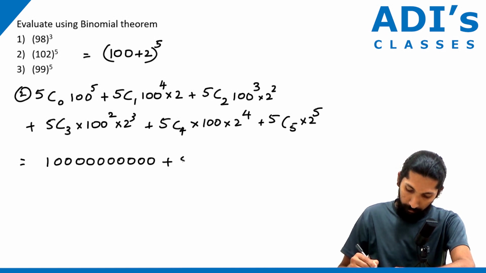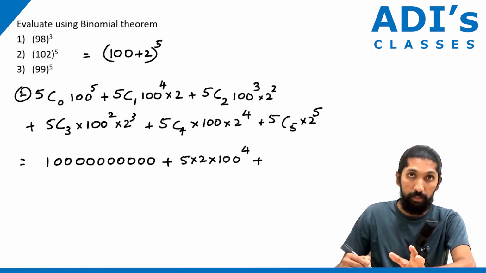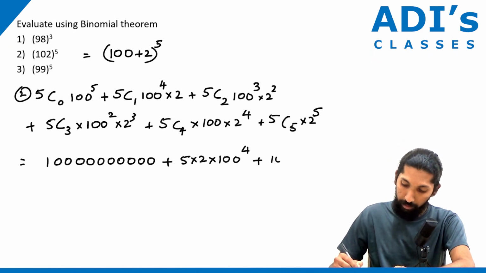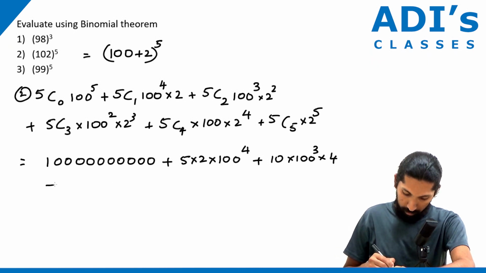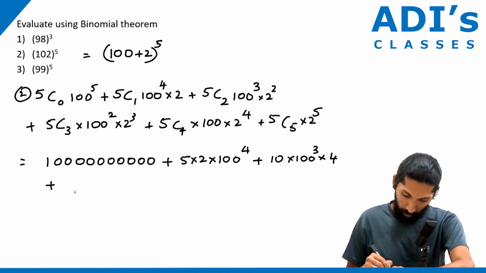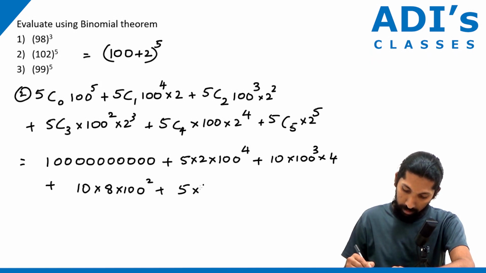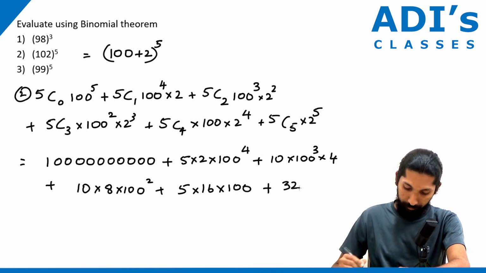Plus 5 into 2 into 100 power 4 plus 5c2. 5c2 is going to give us 10. 10 into 100 cube into 4 plus 5c3 is the same as 5c2, that's 10. 10 into 8 into 100 square plus 5 into 16 into 100 plus 32.